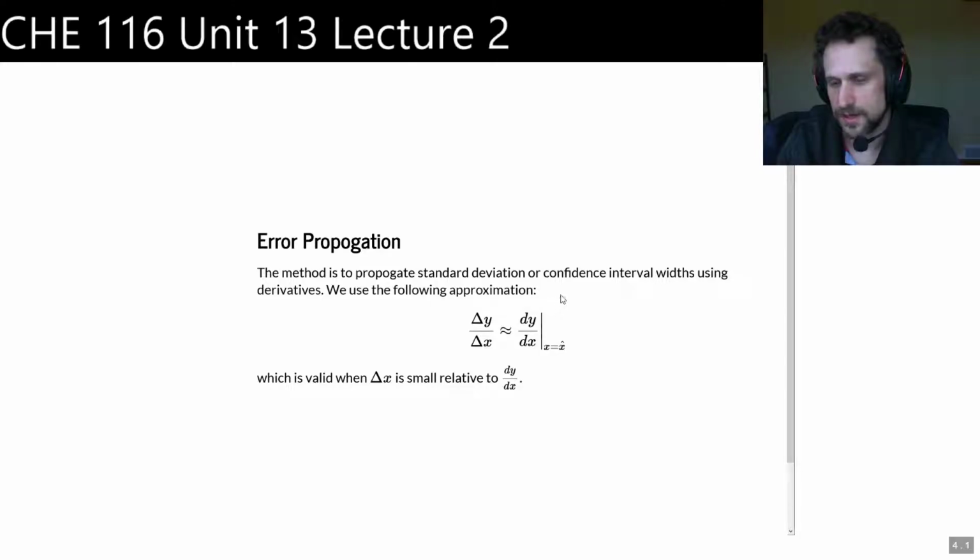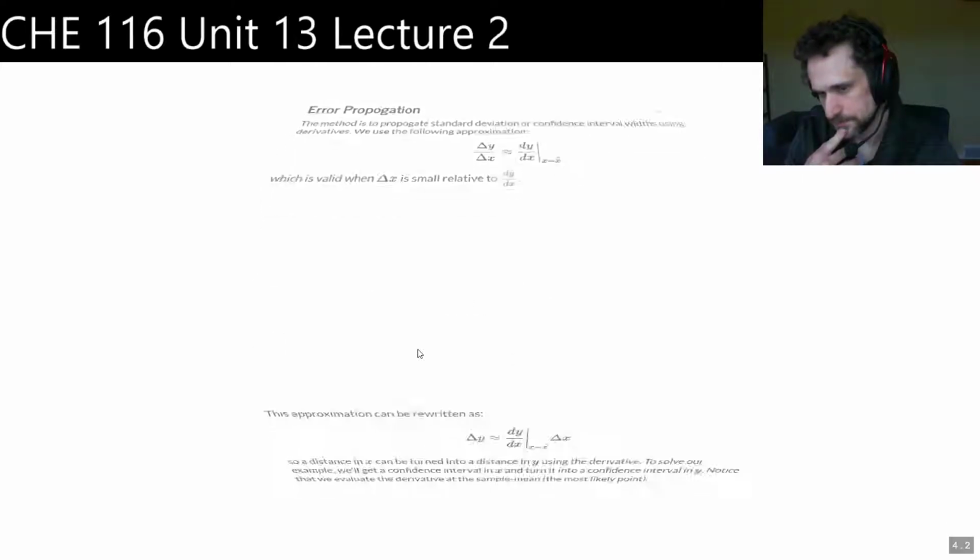That tells you how, if you move a little bit left or a little bit right, your dependent variable y will change. Now, this assumption of approximating with the first derivative at a single point is valid when delta x is small. That is, if you have a small error or small uncertainty, it's completely valid to evaluate the first derivative and then use that. Okay.